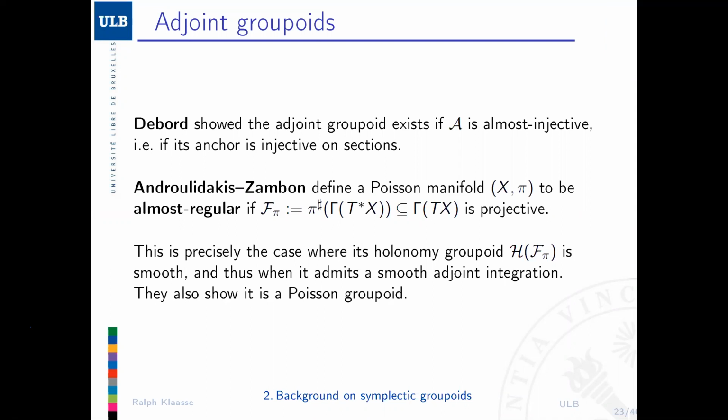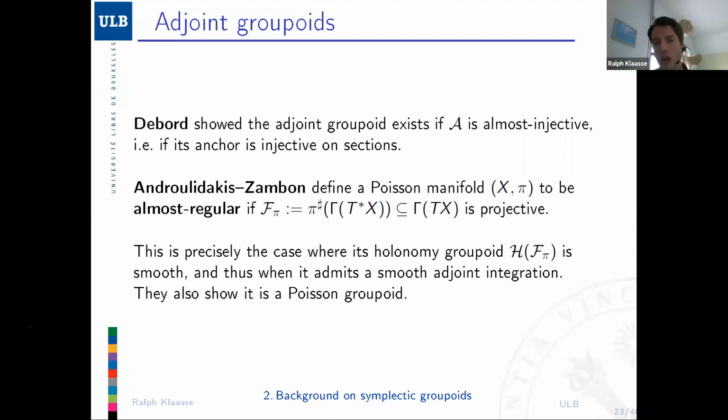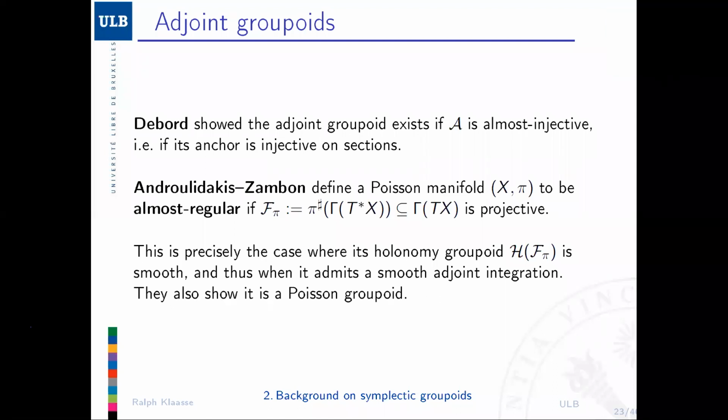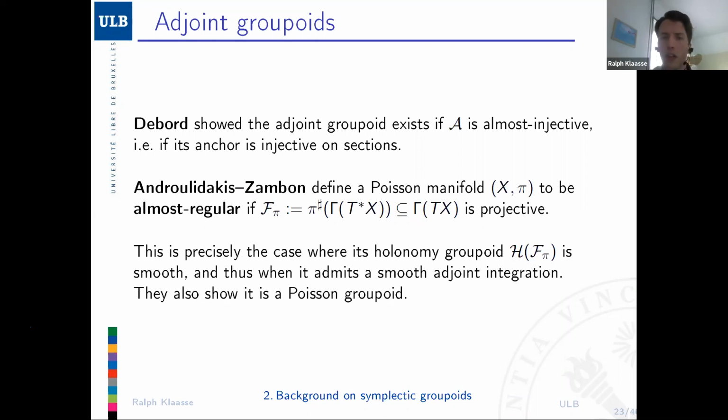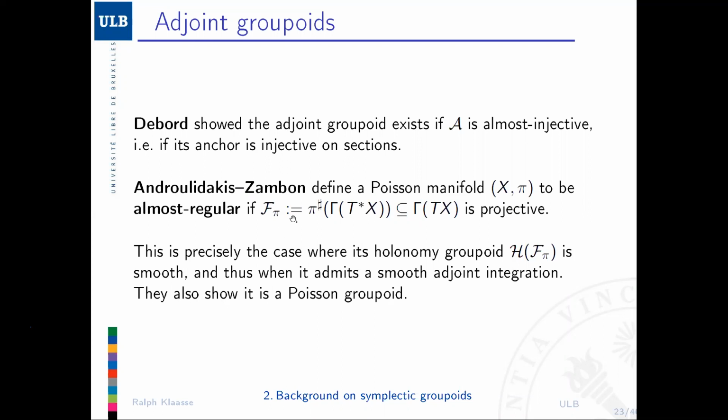That one always exists for singular foliations, as they show, but it's not always smooth. It's just fiber-wise smooth, or some diffeology stuff. But when it's actually a Lie groupoid, that happens exactly when the module you're working with is projective. So this is the definition that you're using. Yeah, yeah.